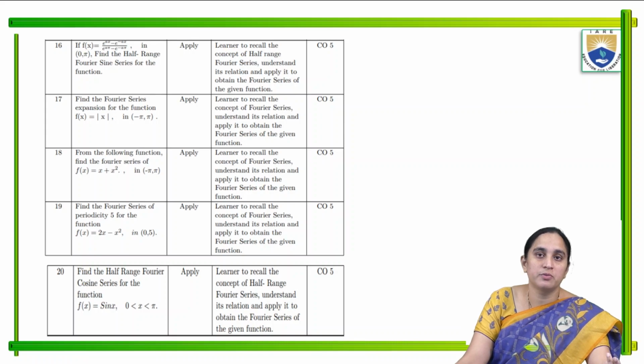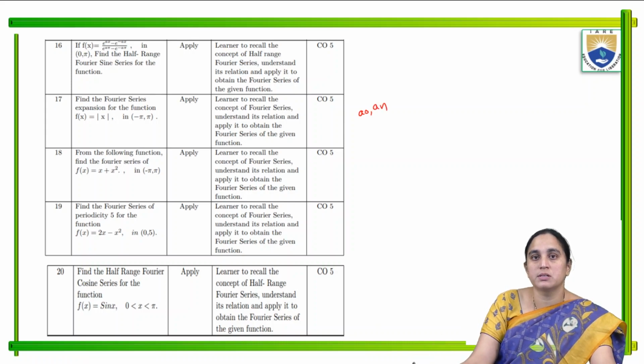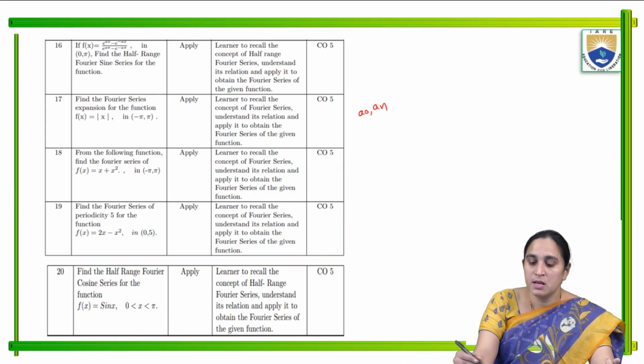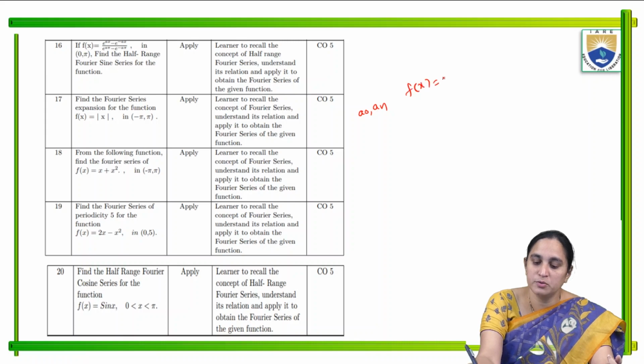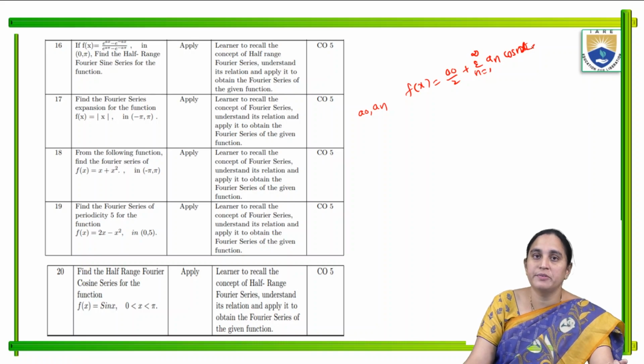In that case, we have to find only a naught and an values. After that, the series is f of x is equal to a naught by 2 plus sigma n is equal to 1 to infinity an cos n x. This is the series for the 17th one.